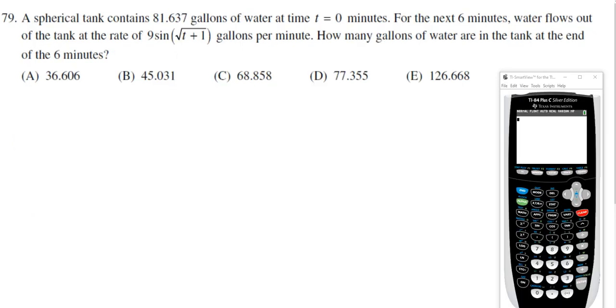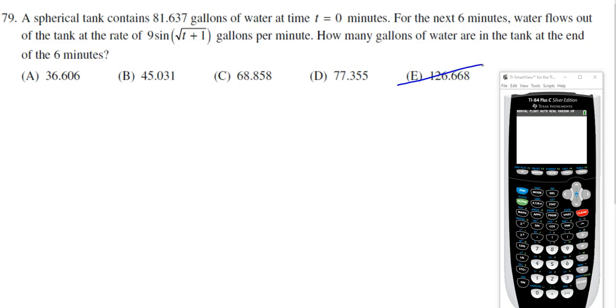79, a spherical tank contains 81.637 gallons of water at time t equals 0 minutes. For the next 6 minutes, water flows out of the tank at a rate of gallons per minute. How many gallons of water are in the tank at the end of the 6 minutes, okay? So, first of all, are there any of these I could just take off right away without even doing anything?